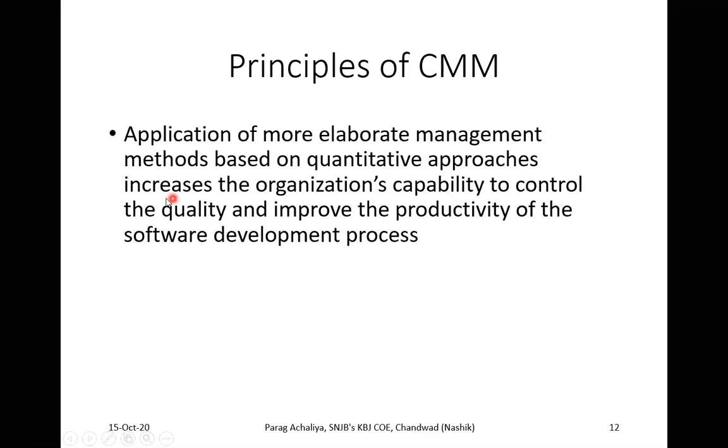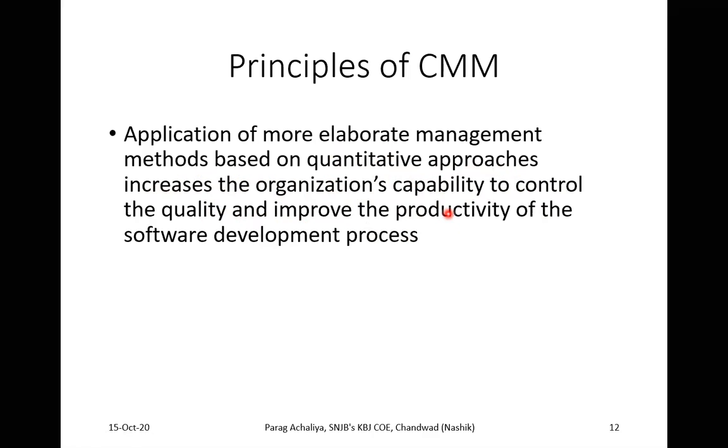These quantitative approaches increase the organization's capability. Why increase the organization's capability? To control the quality and improve the productivity. The main aim of increasing the organization's capability is to control the software quality or product quality and to improve its productivity.